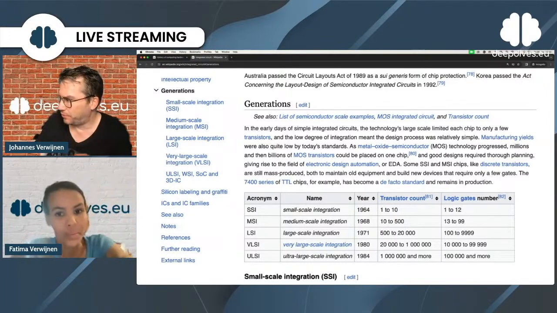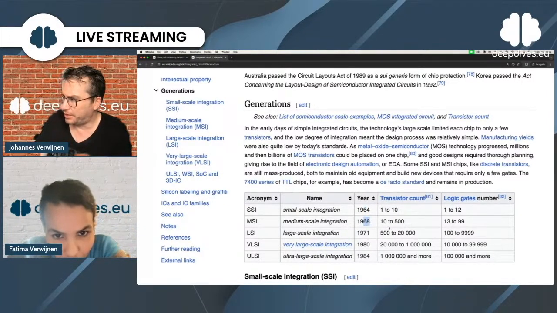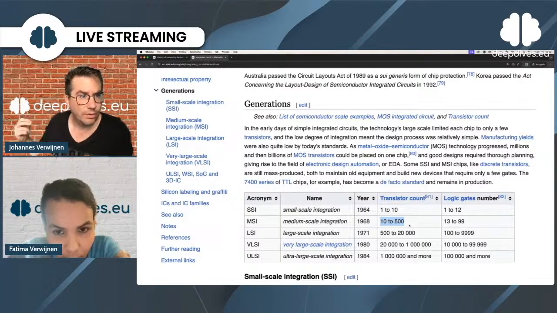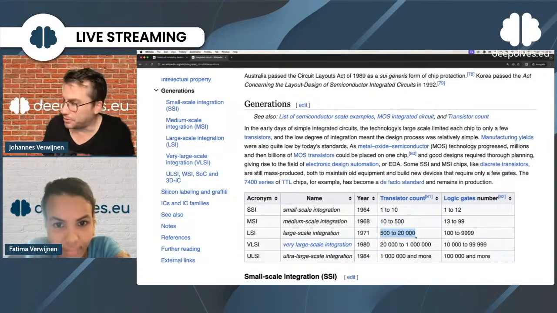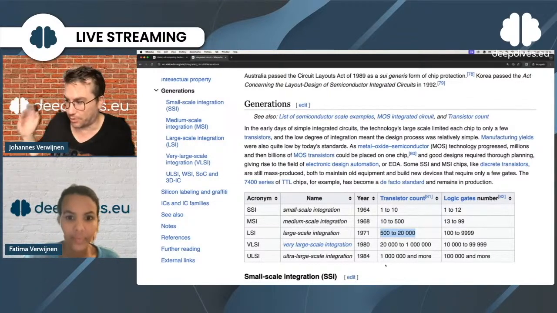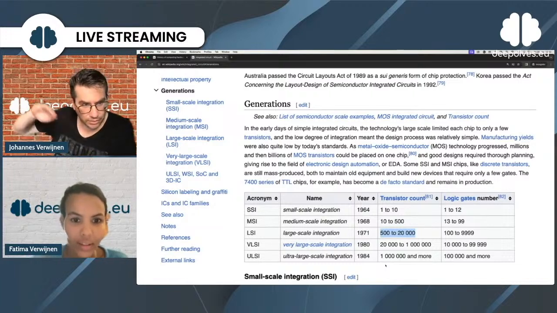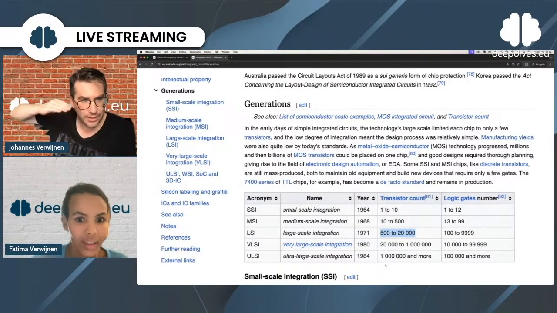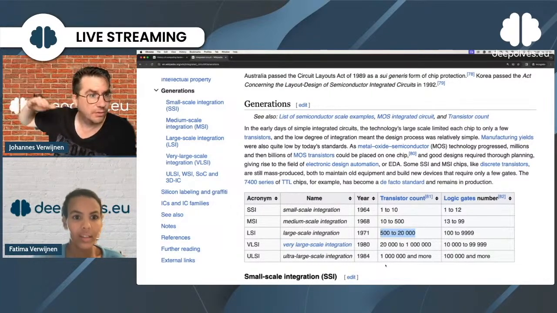So from 64, 4 years later already, we're talking about 10 to 50 times the amount of transistors on a chip. And then again, 3 years later, it's now 500 to 20,000. And now we're in the millions. So the change in scale is always exponential in this field.